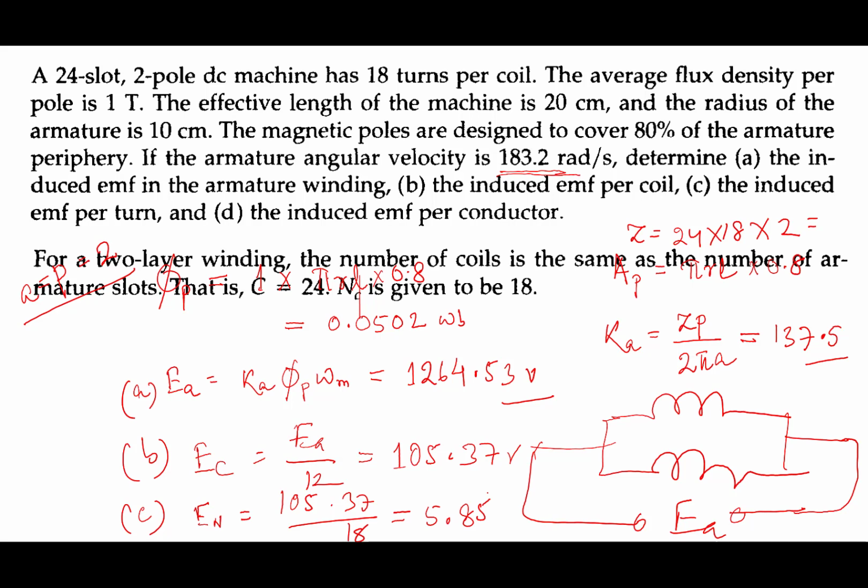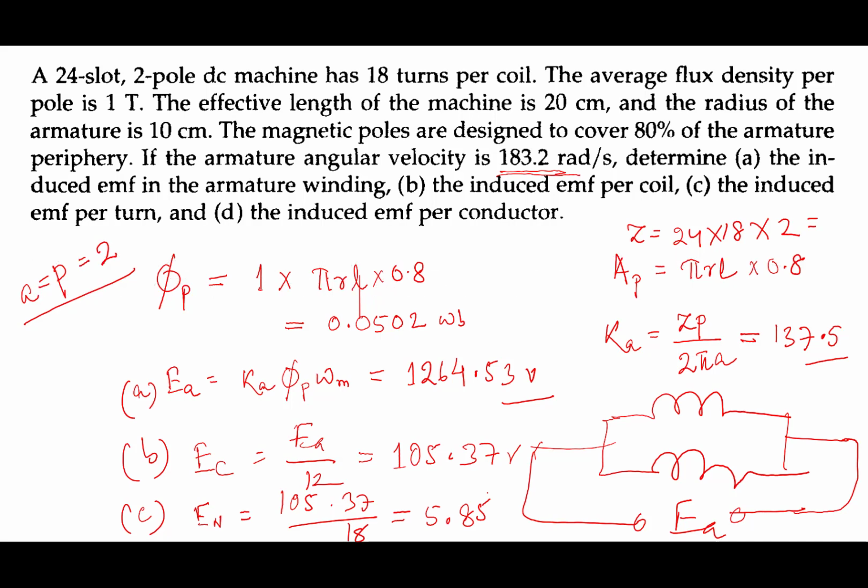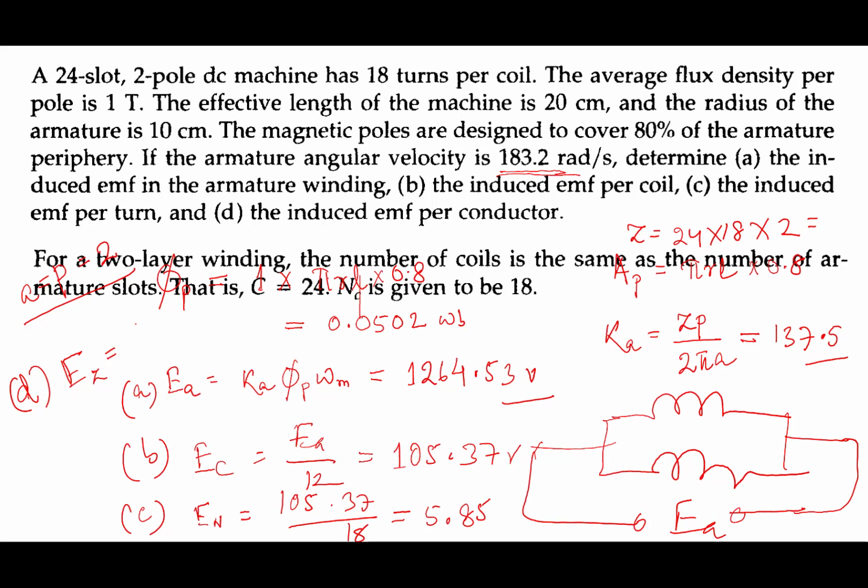Now EMF per conductor. Each turn is having two conductors. So per conductor, what will be the EMF? 5.85 by 2. 2 point something it will come, right?